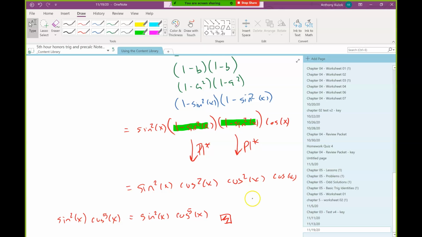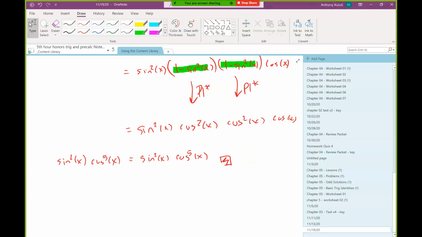Okay. So that does it for chapter 5. What I'd like for you guys to work on here is the problems 47 to 62 in the homework set. These are all verifying problems of a variety of difficulty.